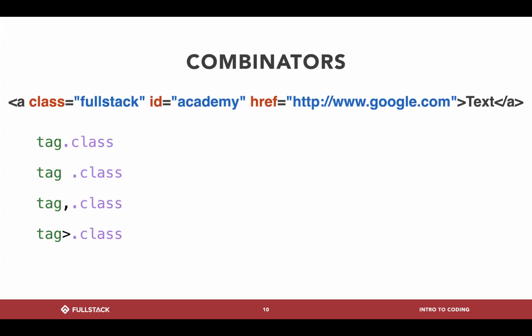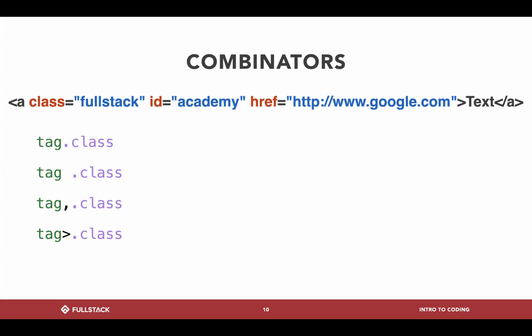Combinators. Combinators, that's a really weird word, but it basically just means you can combine these types of selectors. You don't just have to have one. There are different ways that you can combine them.